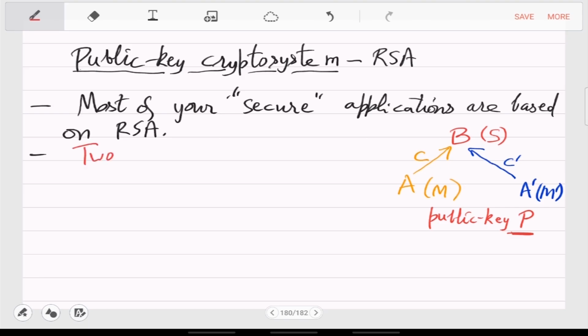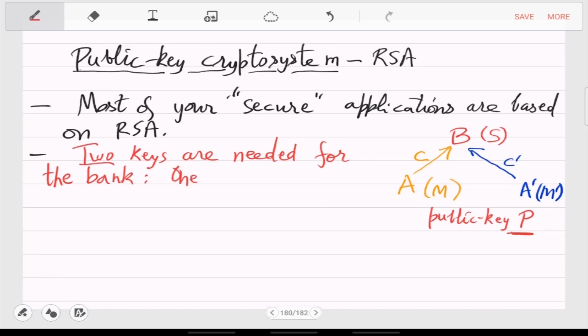So two keys are needed. So one private, which is S, and the other public, which is P.